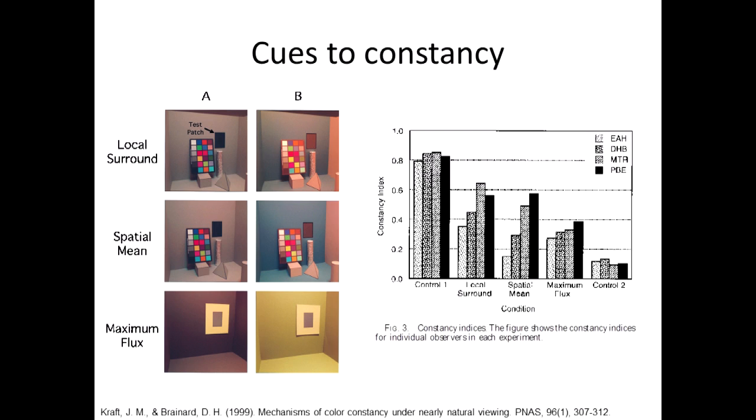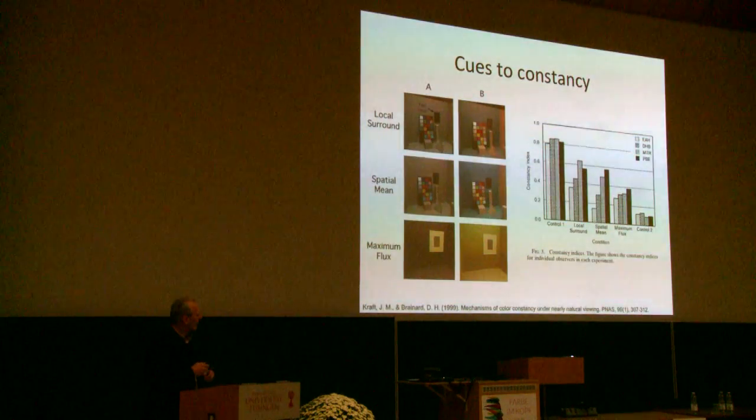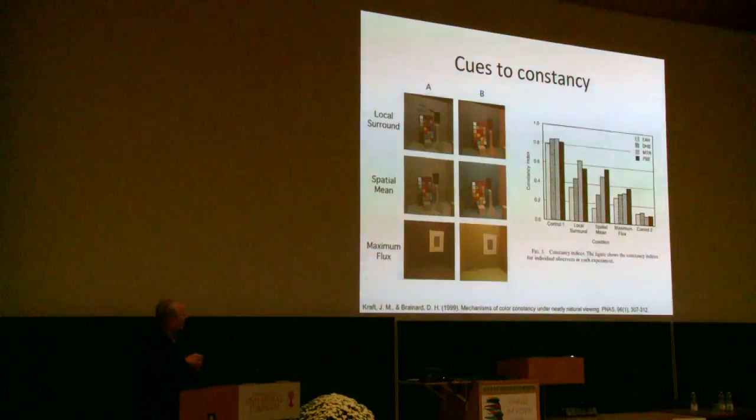Furthermore, he has shown that if you systematically take away the cues that we know contribute to color constancy, like the local surround, the average color in the scene, or the color of the brightest patch in the scene, then color constancy gradually decreases. So all of these cues contribute to color constancy, and it's more similar to size constancy.